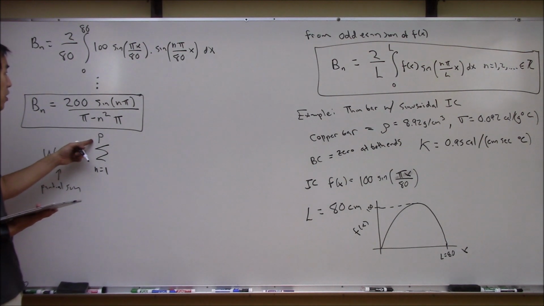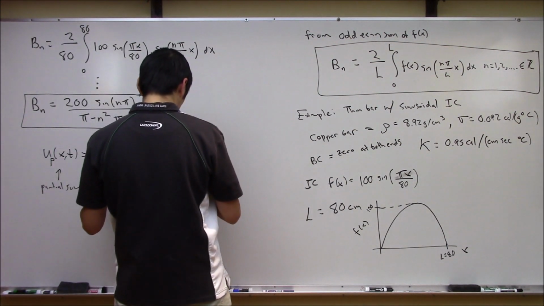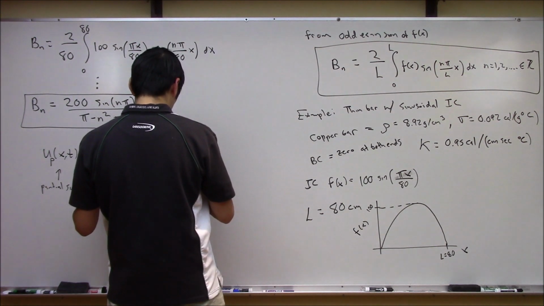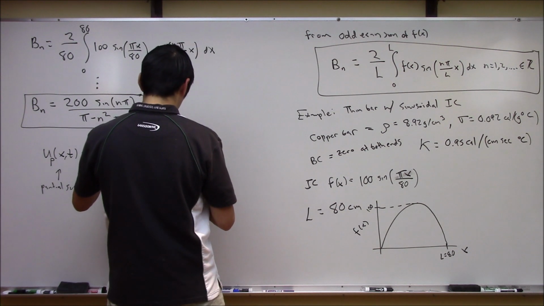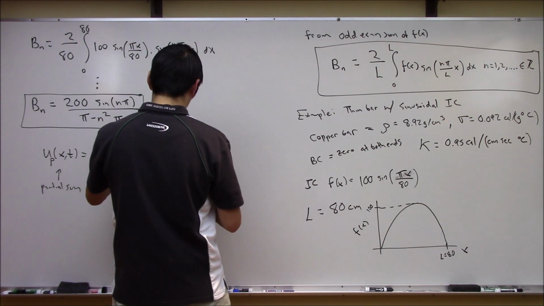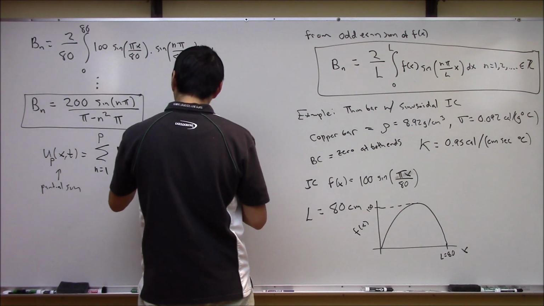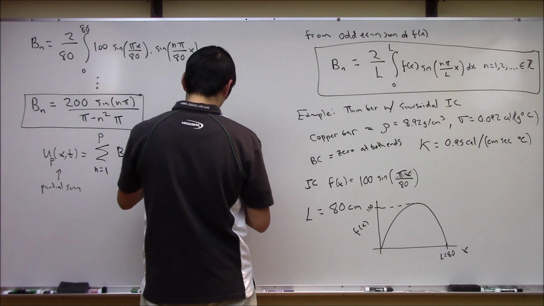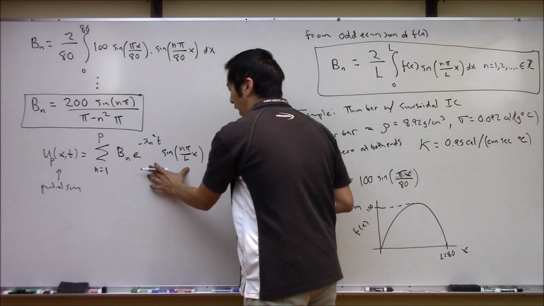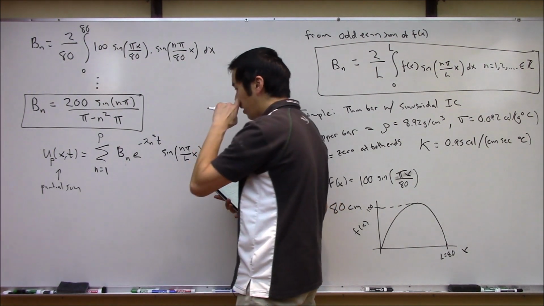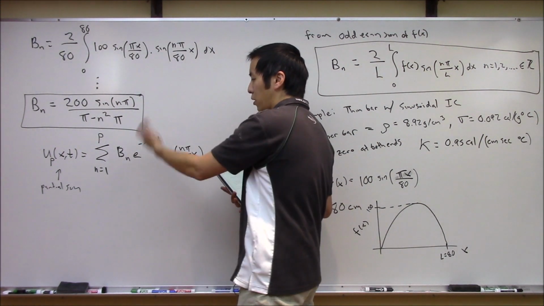We said I don't want to sum to infinity, I'm just going to do a few of these terms. So this would be Bn e to the minus lambda n squared t times sine of n pi over Lx. This was my eigenfunction. I now know how to calculate the Fourier coefficients for this eigenfunction. So you might just say, all right, let's go ahead and do this.